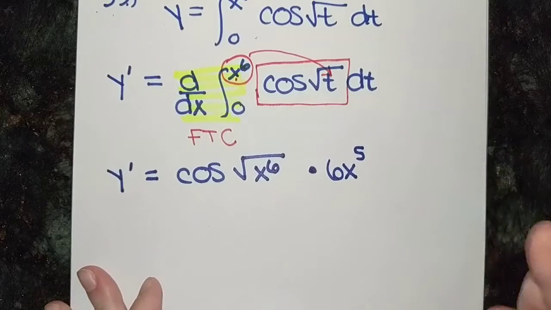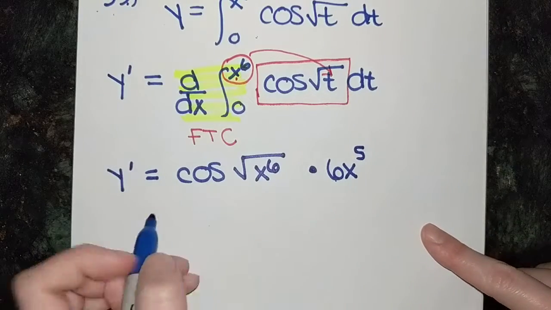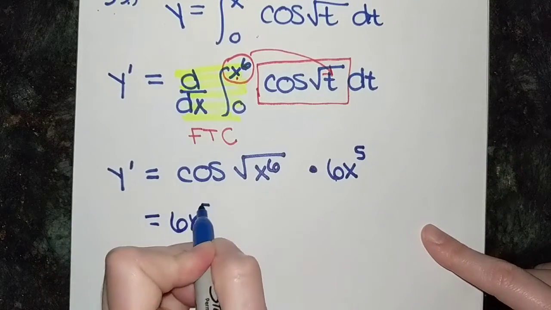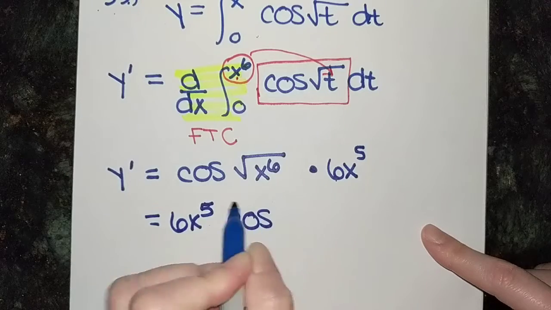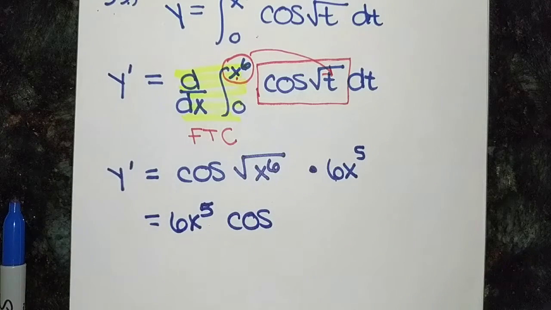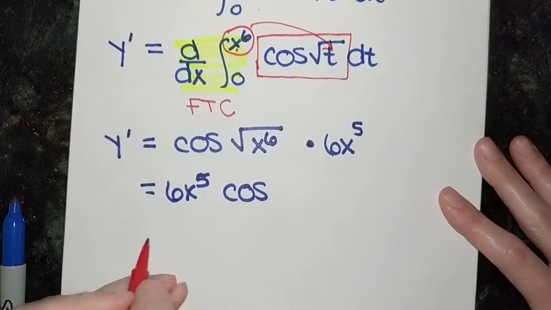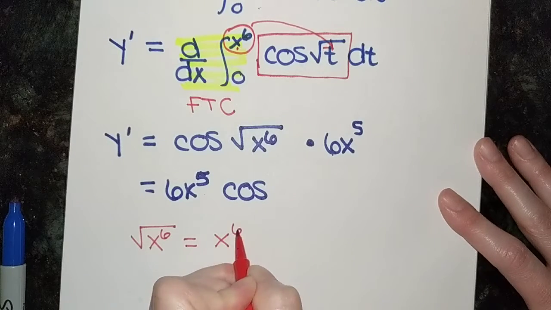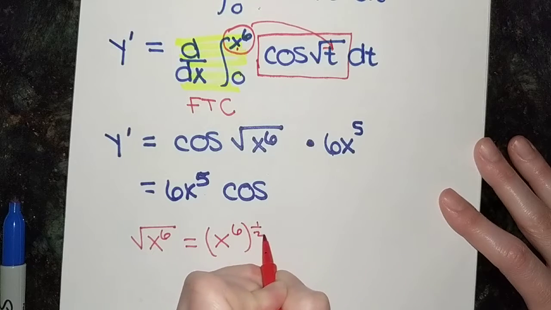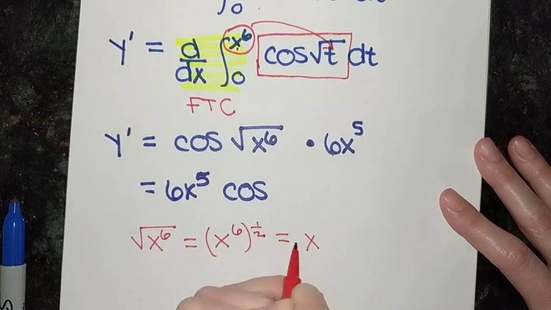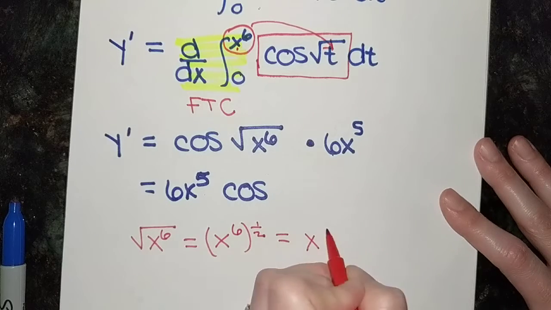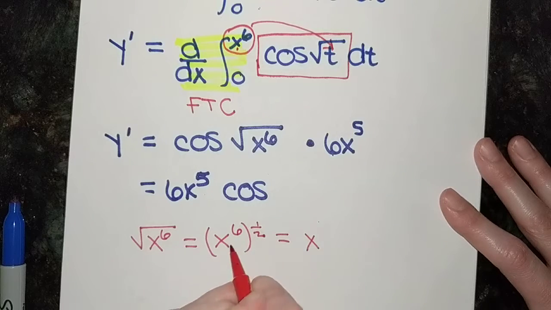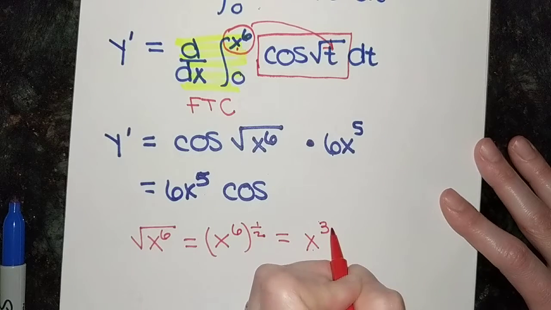Now, one thing that you want to do is move the 6x to the 5th to the front. And then this cosine, you could leave it like this, but it's not simplified. So remember that the square root of x to the 6 is really the same thing as x to the 6 raised to the 1/2, which would give you, when you multiply straight across here, the fraction times the 6, x to the 3rd.